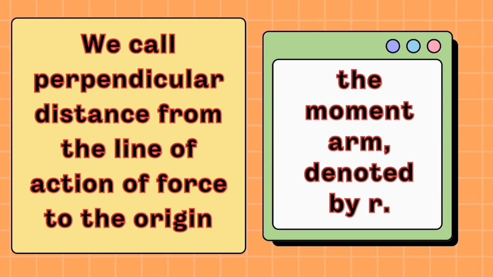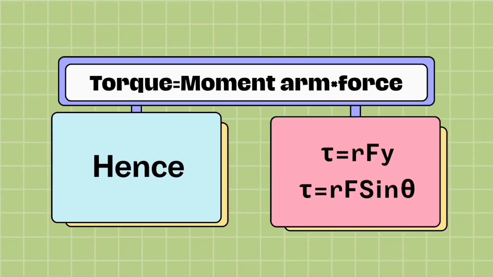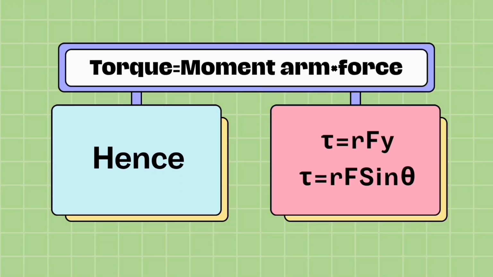We call perpendicular distance from the line of action of force to the origin the moment arm, denoted by R. Torque is equal to moment arm into force. Tau is equal to R Fy. Tau is equal to R F sin theta.